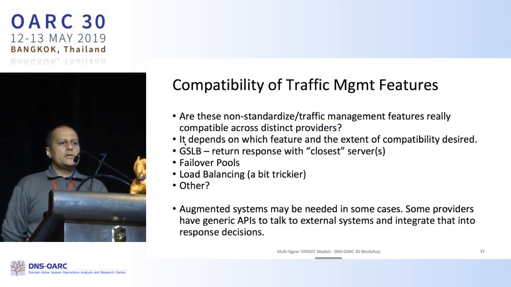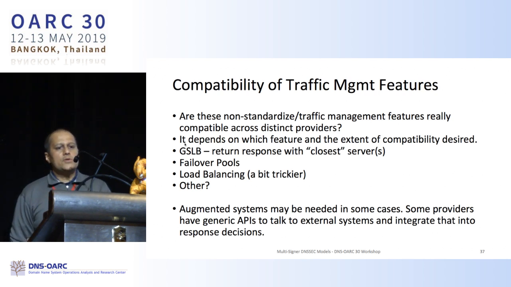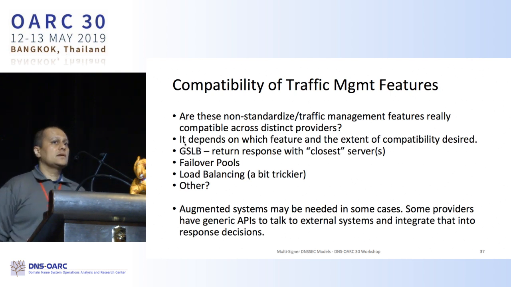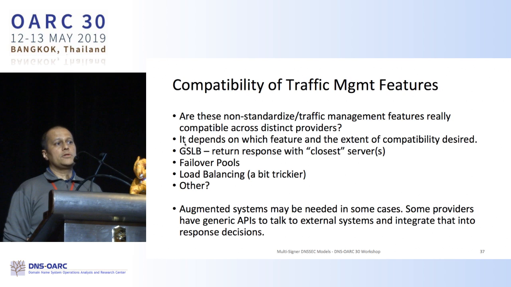Okay, a few other issues that have been brought up in the course of developing this draft. One is compatibility of the traffic management features. Remember, a lot of these things are proprietary features of a particular DNS vendor. And the question is, can you really compatibly deploy these features across multiple providers? And the answer is it depends. There's usually a baseline of features and functions that almost all of them support, like GSLB, getting you the response with the closest servers, failover pools, et cetera.